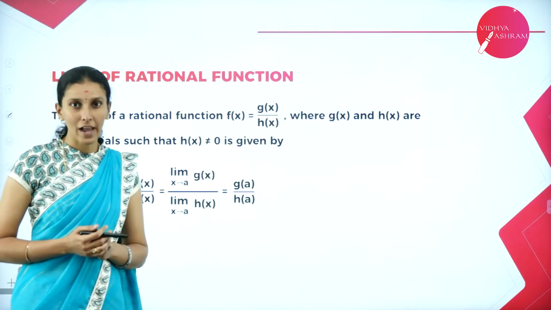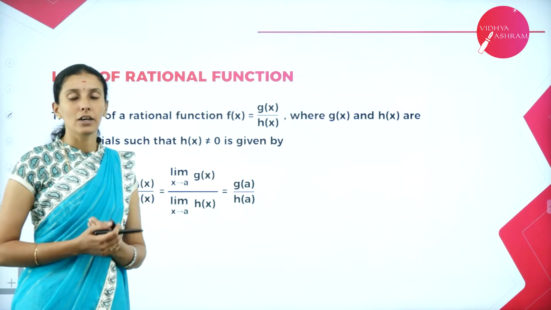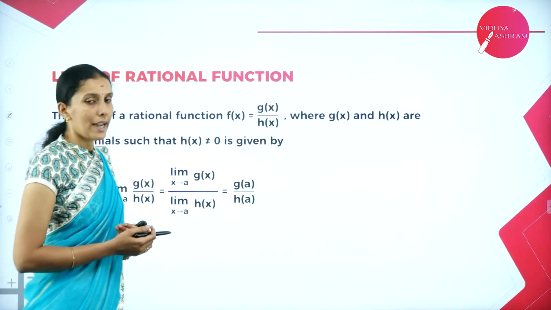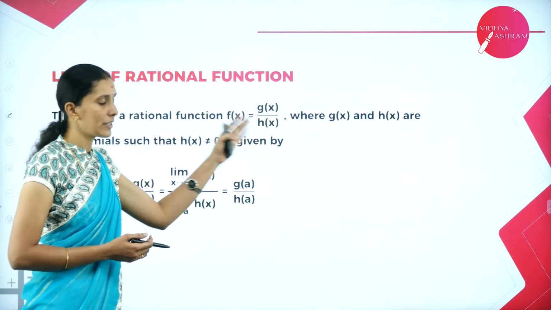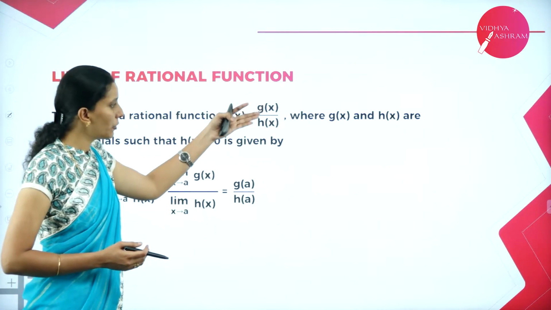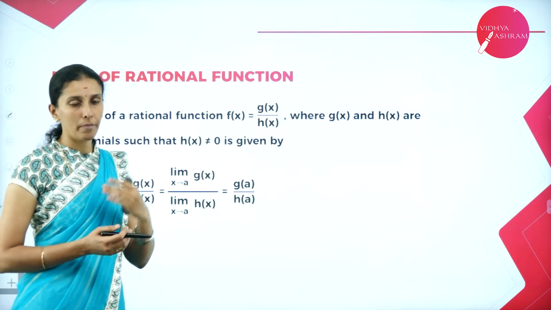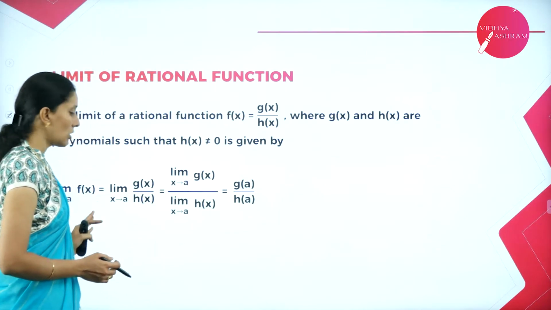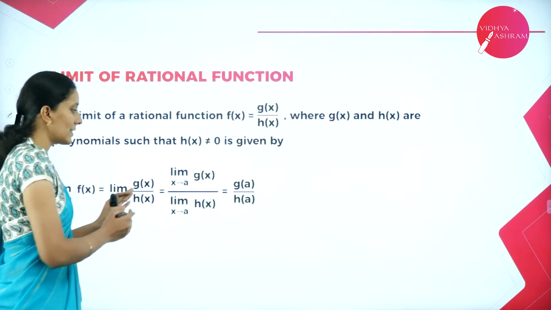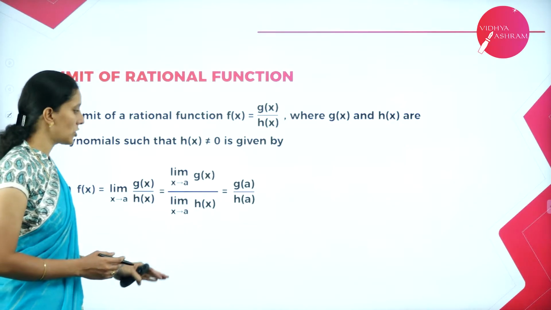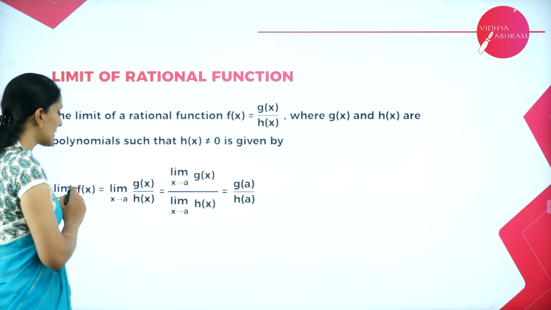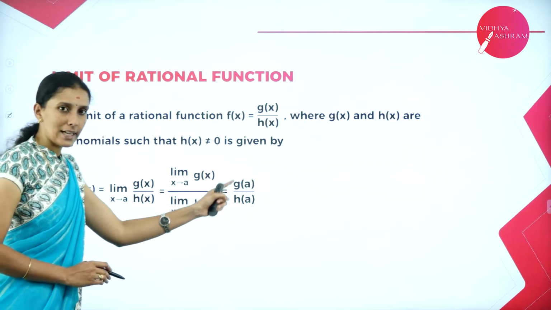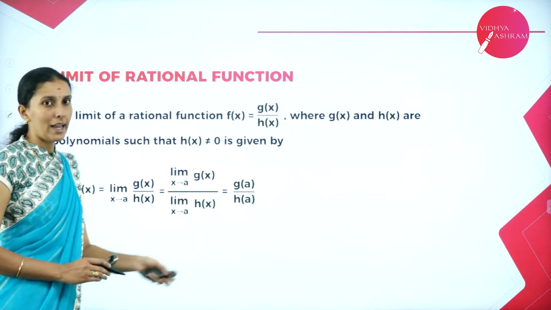Next, we have a rational function. We have studied what we mean by a rational function. Any function in the form of g of x by h of x, where both the numerator and denominator are polynomials, is called a rational function. And the limit of this rational function is applied in the same form as the quotient function, and at the point x is equal to a, it is taken as g of a divided by h of a.